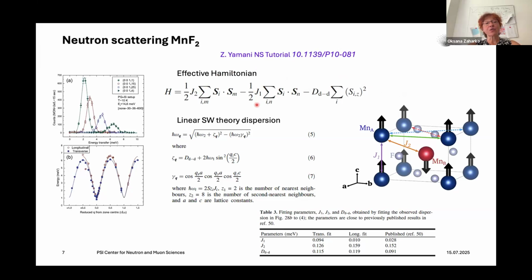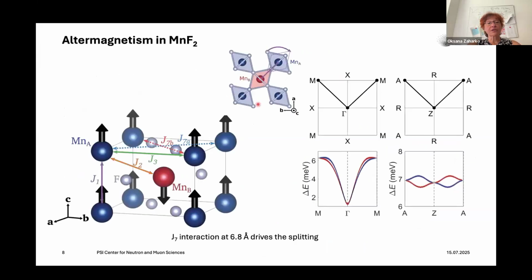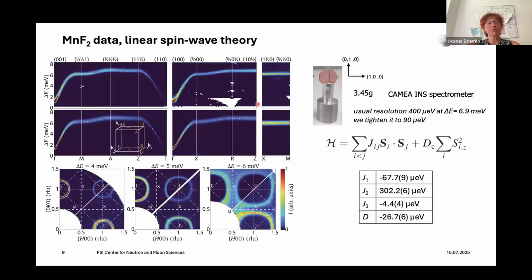Dzyaloshinskii-Moriya would give some anisotropies, but our data do not show that. We added actually a magnetic field because we thought, oh, maybe with magnetic field we do split.